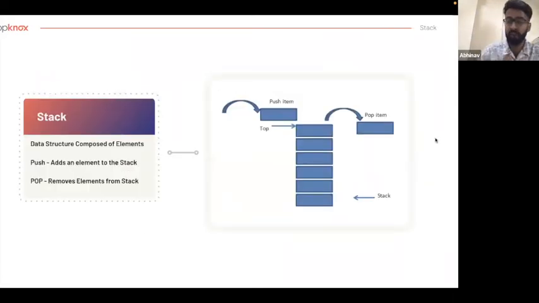So it will move up by one location in memory. Similarly, pop does the exact opposite. It removes the last element from the stack. So if you pop the last value of the stack, it will remove that element, and then the pointer will move down one memory location.